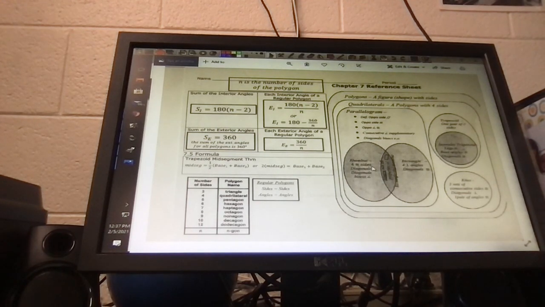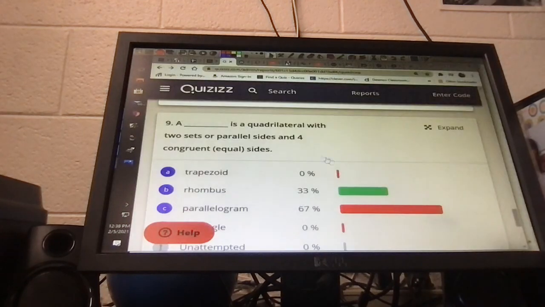But rhombus, 4 congruent sides, that would be the definition of rhombus, along with everything that goes with parallelograms, like all these 5 bullets. Definition of rectangles, 4 right angles. Definition of square is both of those, because you see square is in the rectangle bubble and it's also in the rhombus bubble. So a square is going to have 4 congruent sides and 4 right angles. So understand the difference between those 3 definitions.